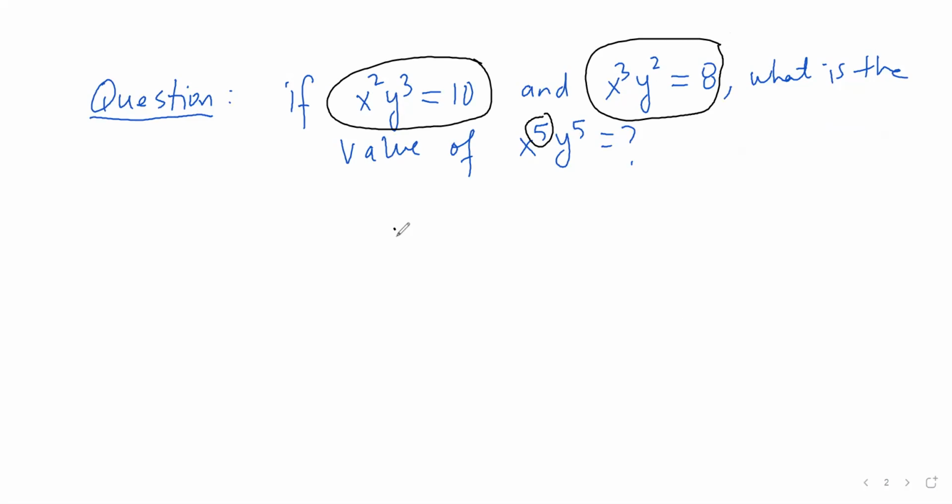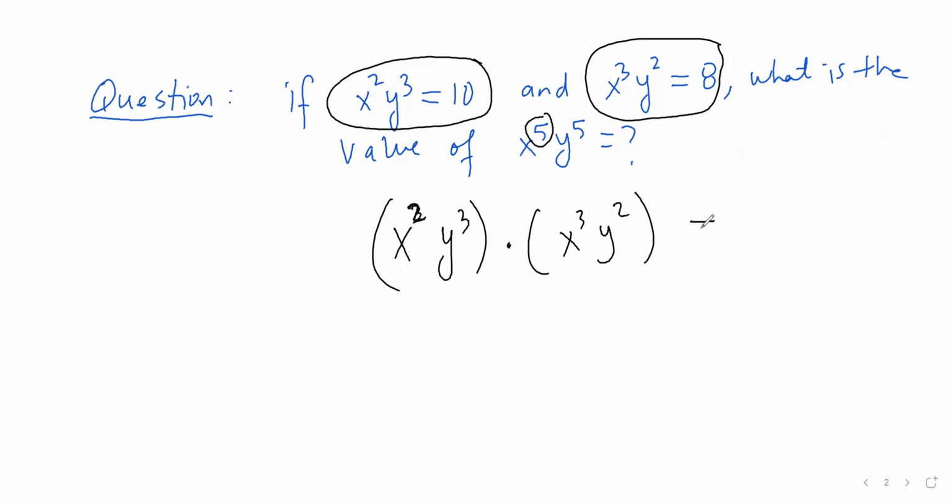So I'm going to go ahead and multiply. x squared y cubed is going to be multiplied by x cubed y squared, because when I multiply these two, I'm adding the powers, so that's x to the 5. When I'm multiplying these two, I'm adding the powers, so that's y to the 5. So now you see, by multiplying the given equations, I was able to form what they want, right?